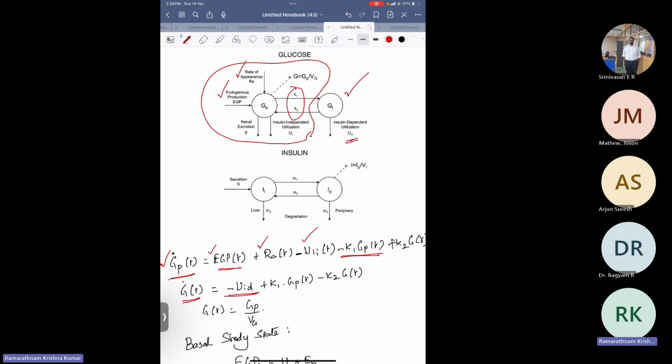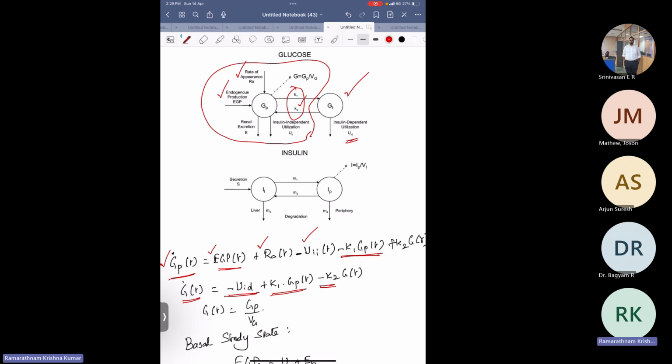Okay. And a few amount of glucose is also used independent of insulin. There is an insulin sensitivity, and insulin need not push. So there's a small amount of utilization even without the insulin dependent part, which is K1 into G. Okay. And then, of course, K2 is coming out, so there is minus K2.